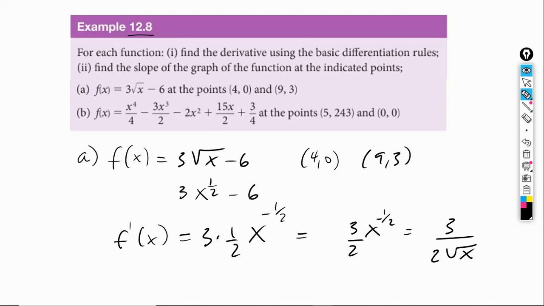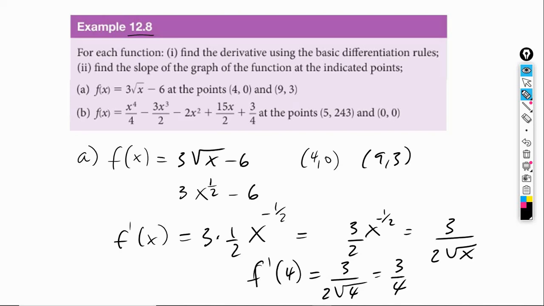Then they want us to find the slope at (4, 0). So notice that here we're only going to be interested in the x coordinate, right? Because we plug 4 into the derivative, and the derivative gives me the slope at that point. So this would equal 3 over 2 times square root of 4, and this obviously will equal 3/4.